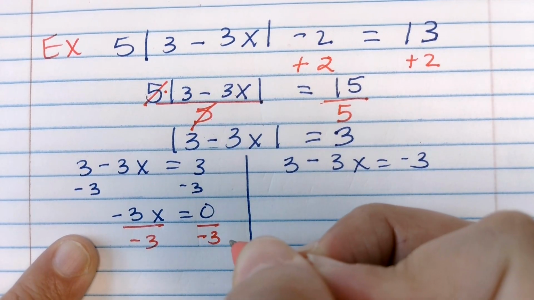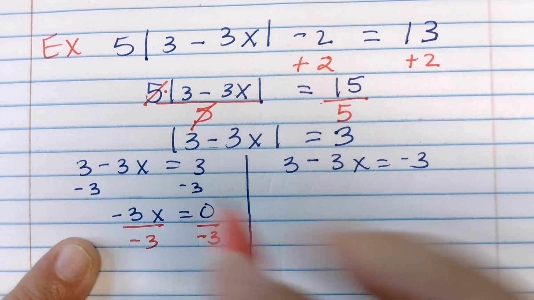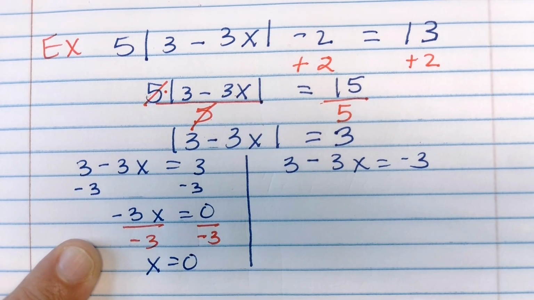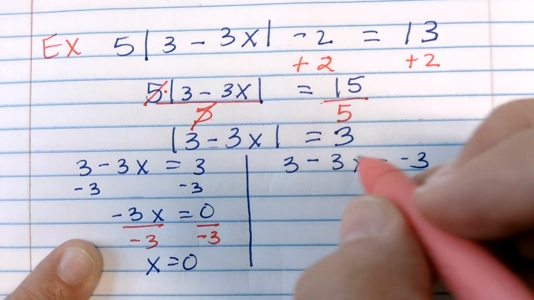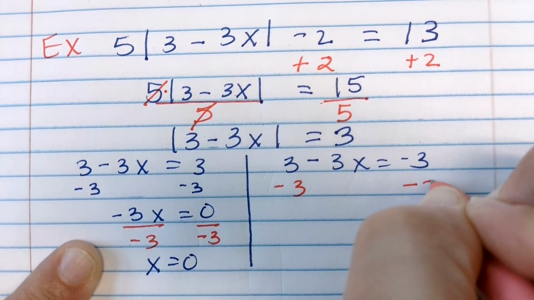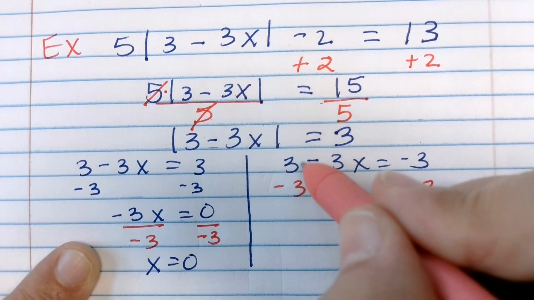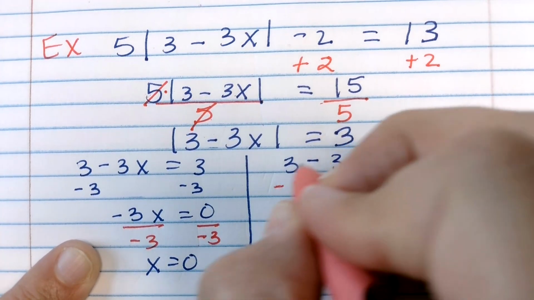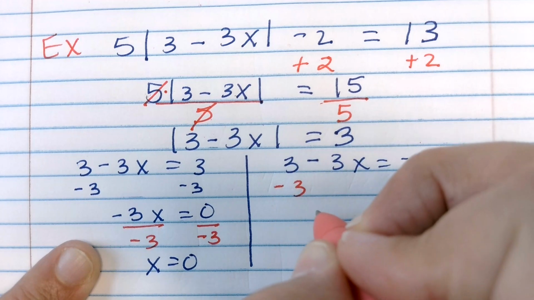And 0 divided by negative 3 is a possible solution. We just have that x is 0. So that's fine. If you had 3 equals 0, you just put no solution on that side and then solve this side over here. So notice that I'm moving this 3 first, even though it's in front of the variable. That's okay. Just undoing that addition.